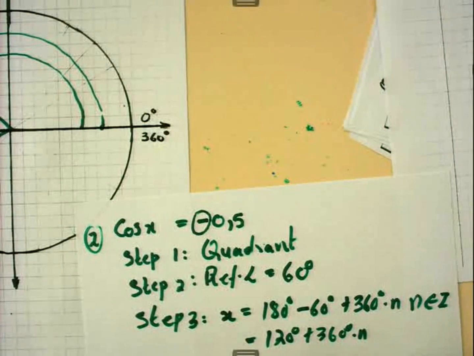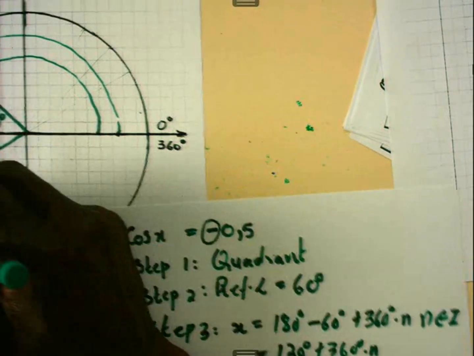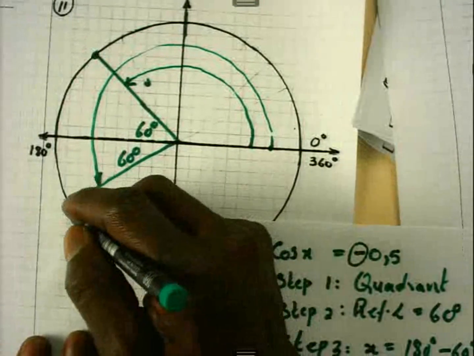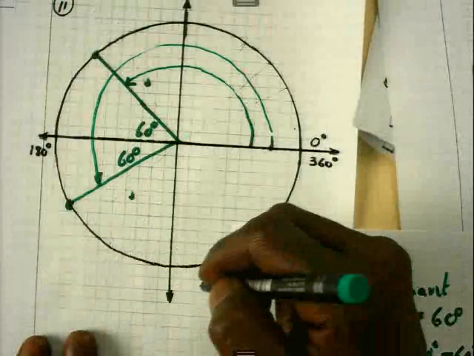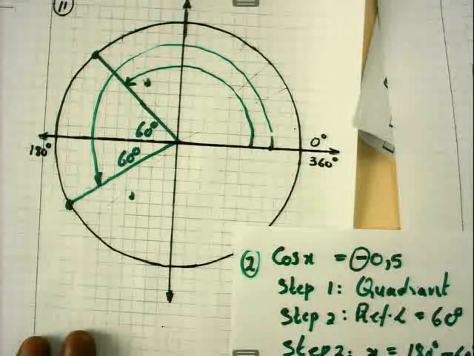Therefore, x will be equal to 180 degrees plus 60 degrees. Of course, I can rotate any number of revolutions and I'll still get the same solution.